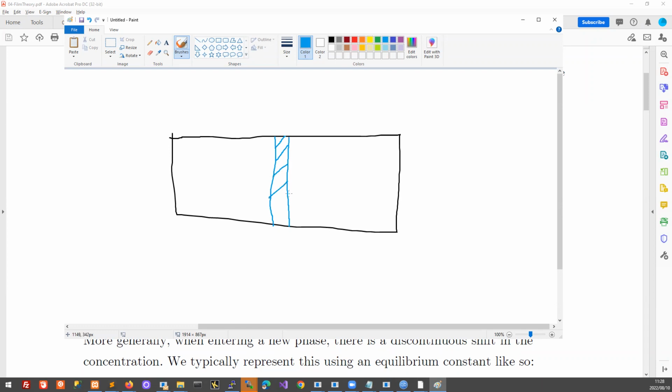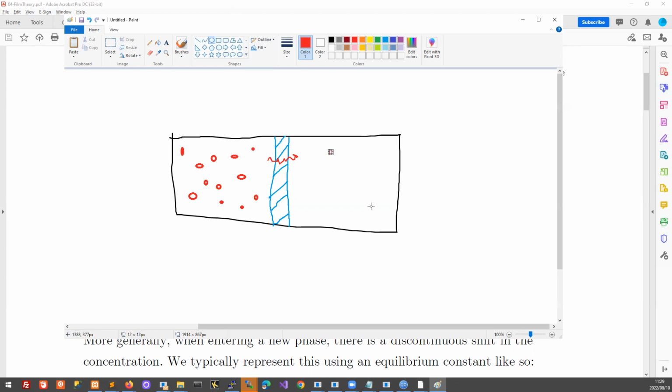So we said this was a permeable membrane. So component A can diffuse across this membrane. And we've got a certain concentration here. So let's say we have a high concentration of A on this side, and a low concentration of A on the other side.